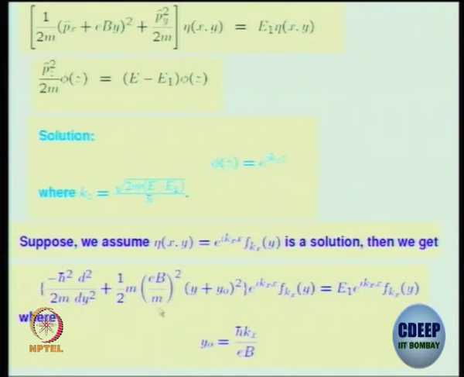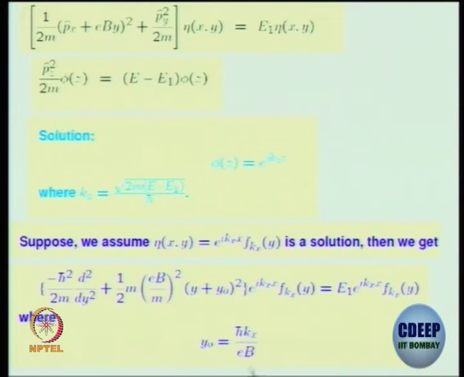But you can read off from here that there is a frequency, omega squared is eB by m the whole squared, and it is a shifted oscillator with the shift y naught dependent on the x component quantum number kx and inversely proportional to the magnetic field.